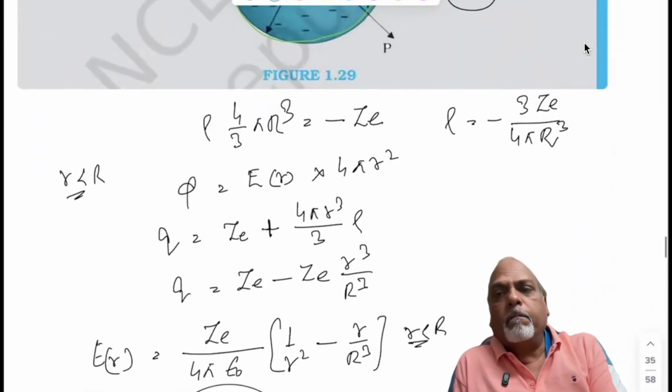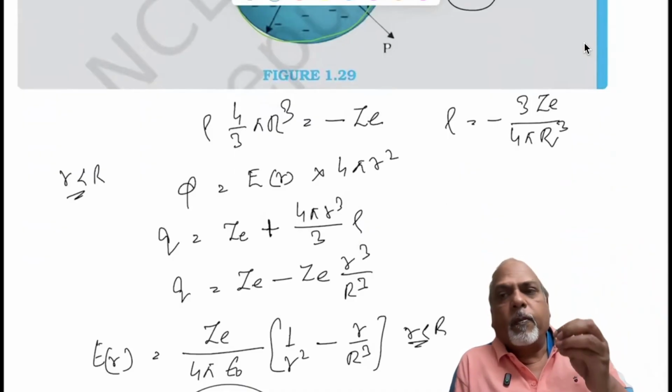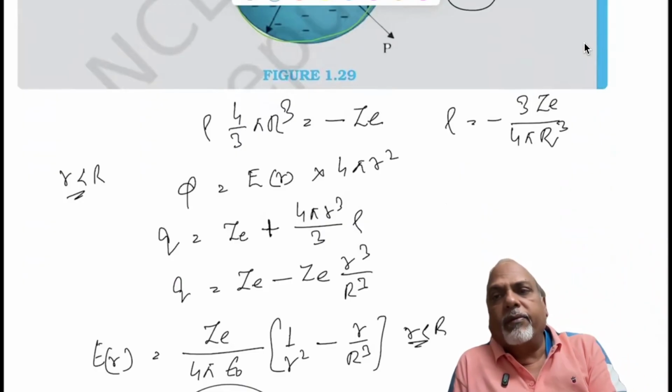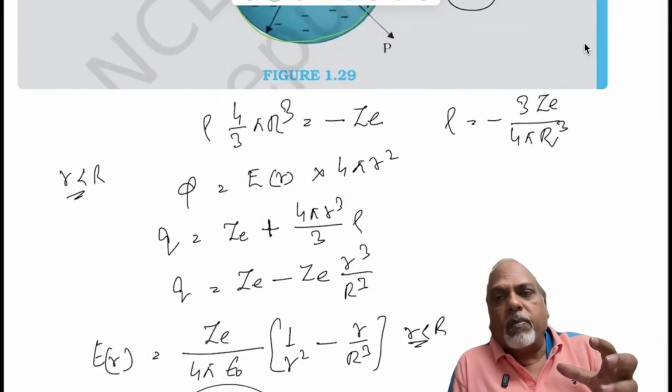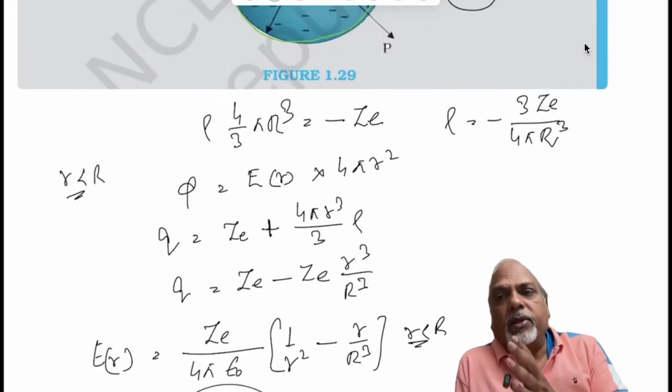So you have seen in this chapter that all the things of NCERT have been covered. I have explained each and every derivation. Now, what remains in this chapter is the exercises.